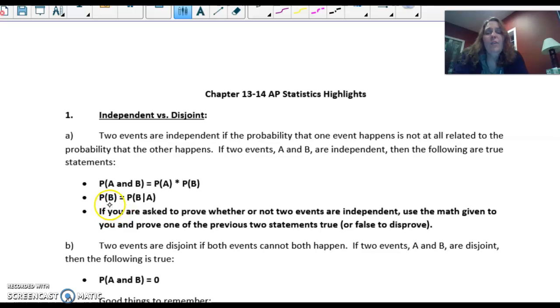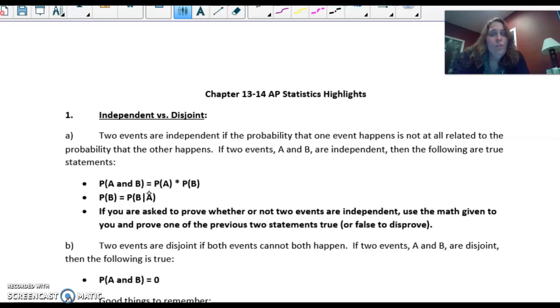P of B equals P of B given A. P of B given A means the probability that B has happened given that A has also happened or will be happening. We're going to see a little bit later in our definition of conditional probability that this really means the probability that both of them happen divided by the given event. So once again, if you are asked to prove whether or not two events are independent, don't just think about it using your logic, but think about it using your math and see if you can prove or perhaps disprove either one of those statements, and that will do it.